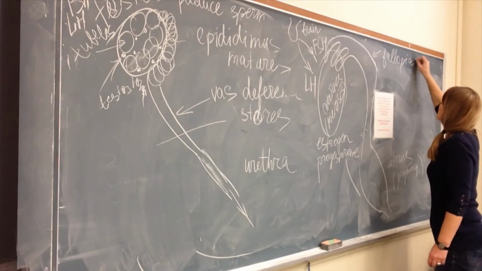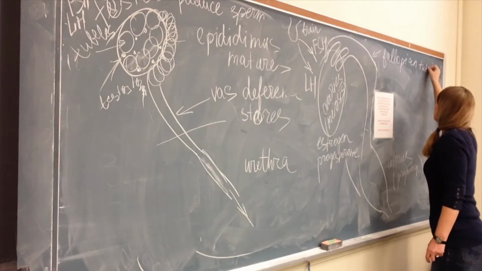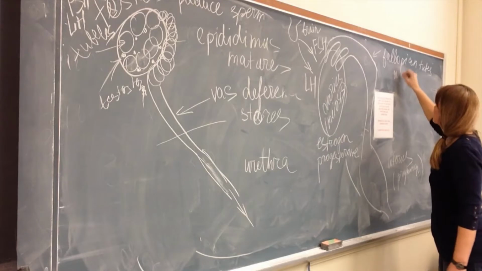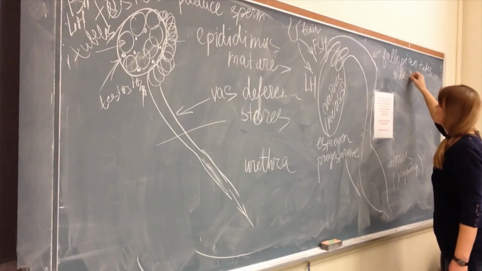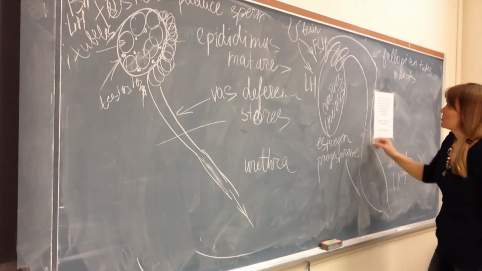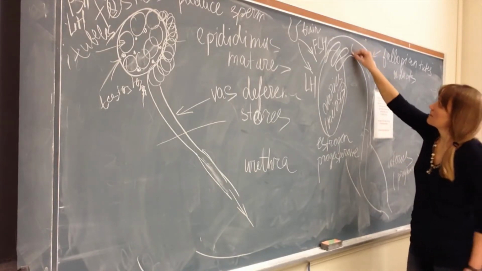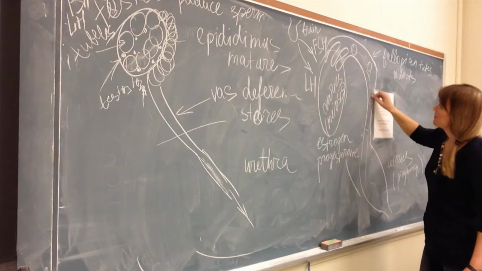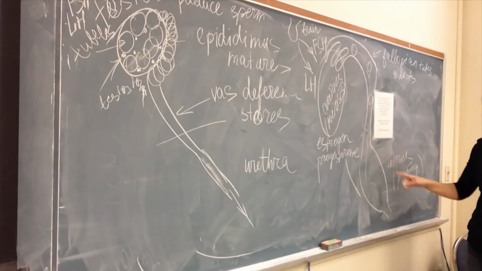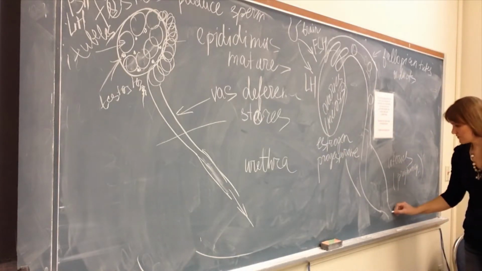Fallopian tubes, or oviducts, carry the egg towards the uterus.